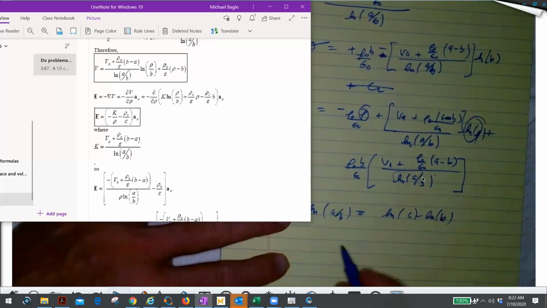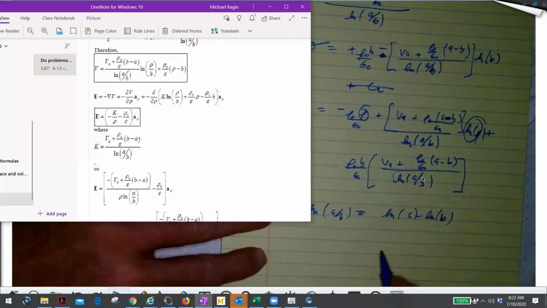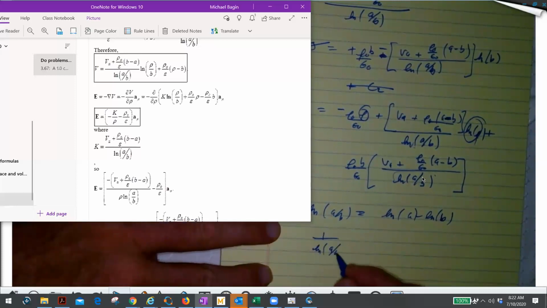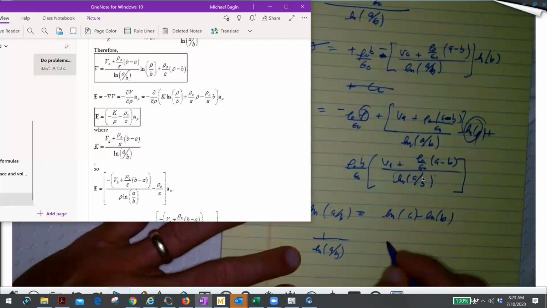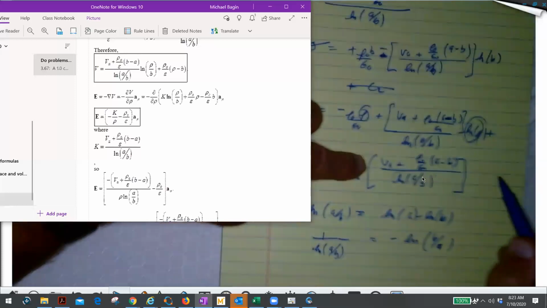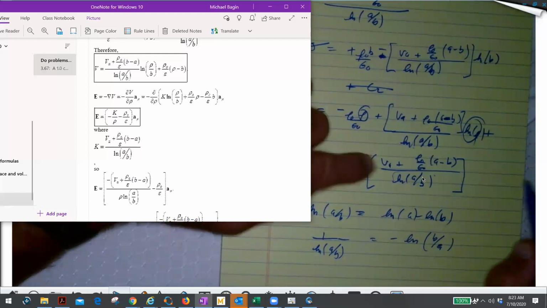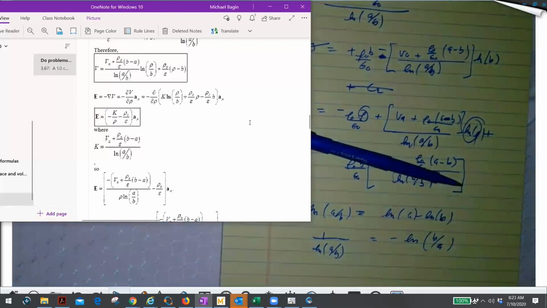And if you take a look at this, 1 over the log of A over B is equal to minus the log of B over A. I think this is going to be just manipulation. Let me just see here.